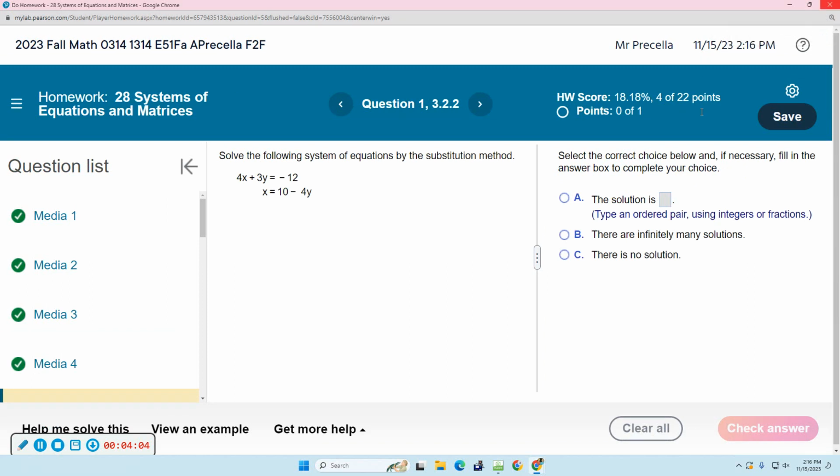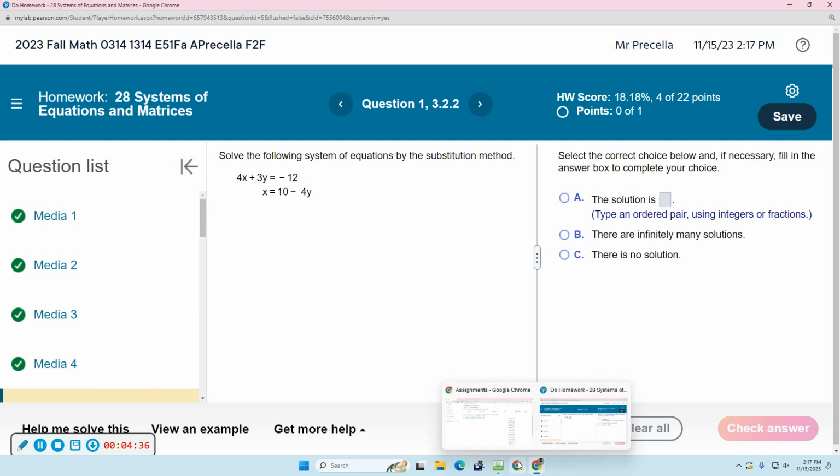That looks better. Okay. So what we have here are two lines. Remember, with an equation, if there are x's and y's and no exponents, those are lines. So we have the line 4x plus 3y is negative 12, and x equals 10 minus 4y.